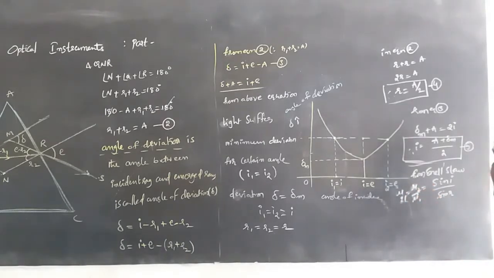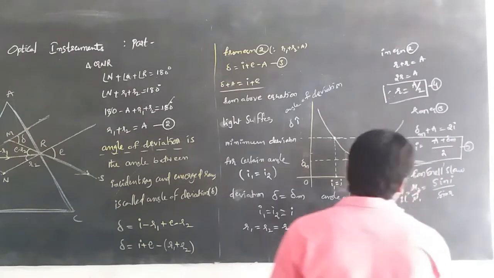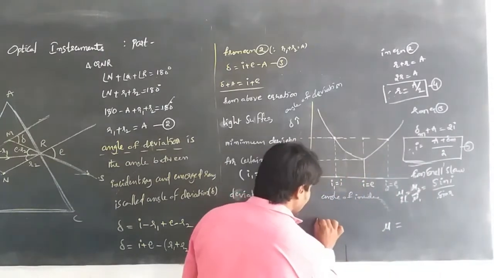We know the I value and R value, so mu is the refractive index of the prism.